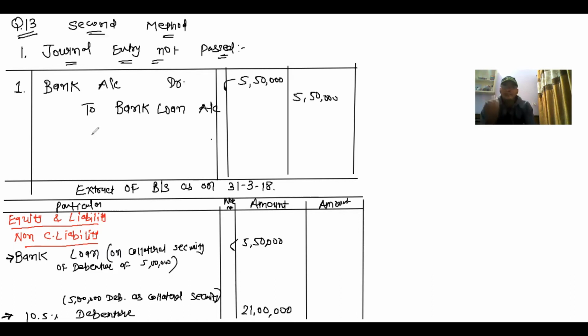It means for debenture suspense, no journal entry is passed, and in the balance sheet, the debenture suspense account is not required to be presented. That's it. So this is the sum which is related to collateral security. Okay, so question number 13 is over.